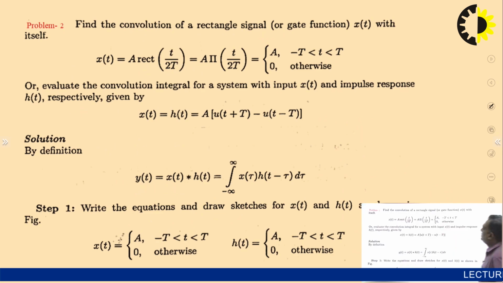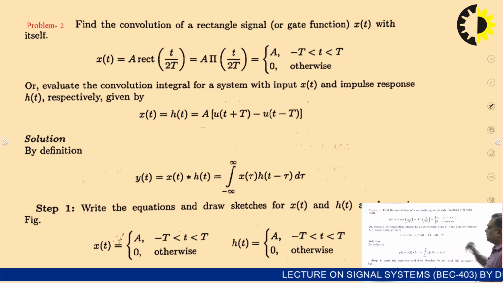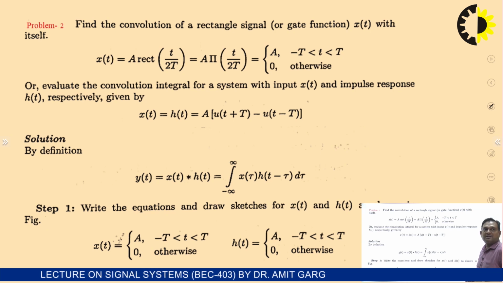Another problem, somewhat different, is also based on continuous time signals. We have a rectangle signal, which we can also call a gate function, and we have to find the convolution of a rectangle signal with itself.